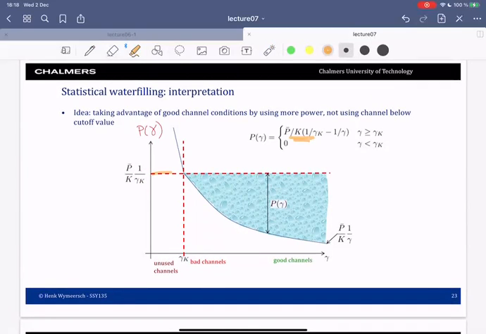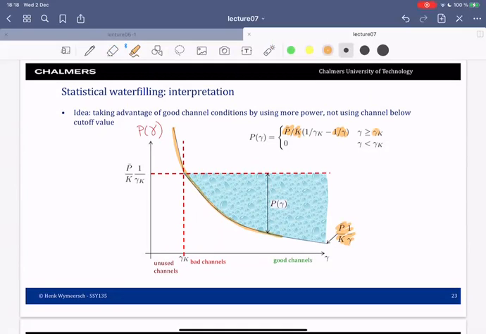Let me, I think this is not good. Sorry. X-axis, signal to noise ratio, and then I have this curve here, which is the power allocation. Which is this part, so p over k times 1 over gamma. That's this function. Good.